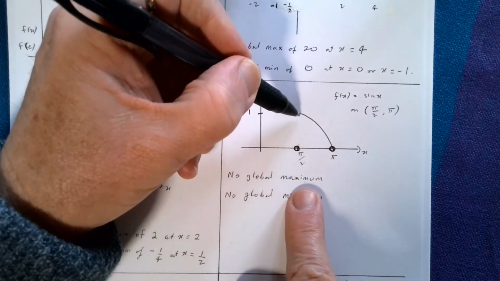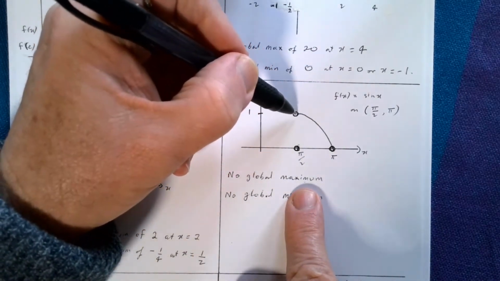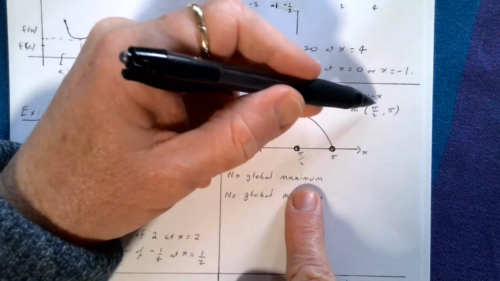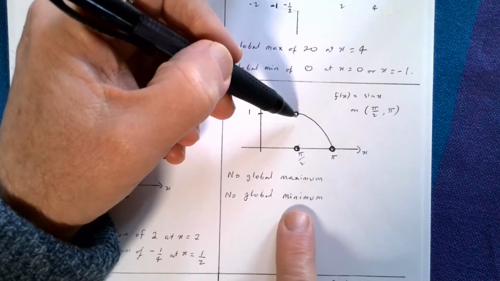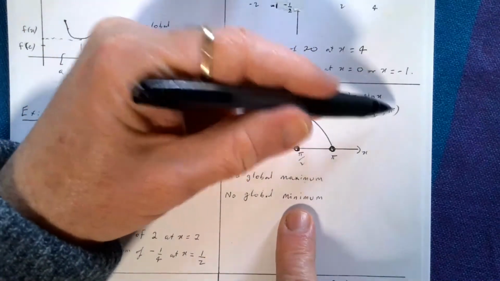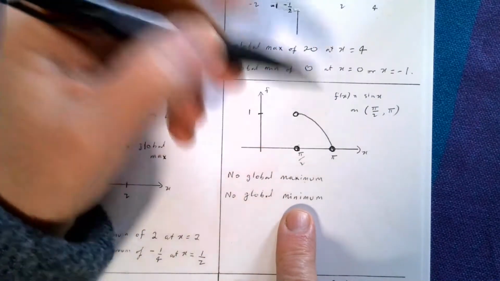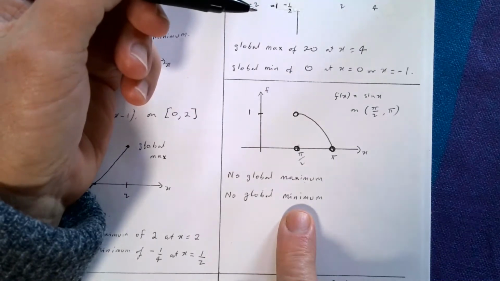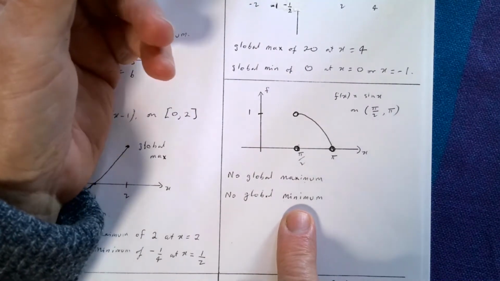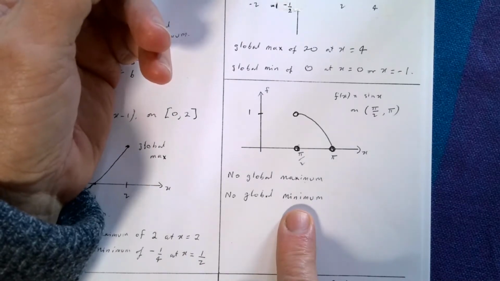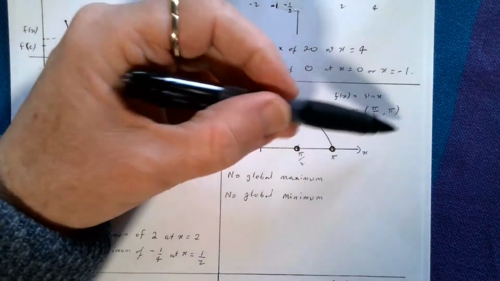It's trying to get closer to 1, but it never actually gets there because we've excluded pi on 2. So there's no global maximum, and there's no global minimum because I've excluded pi, so there's no global minimum for this one. And that's no surprise because the theorem can't be used here because we have an open interval.